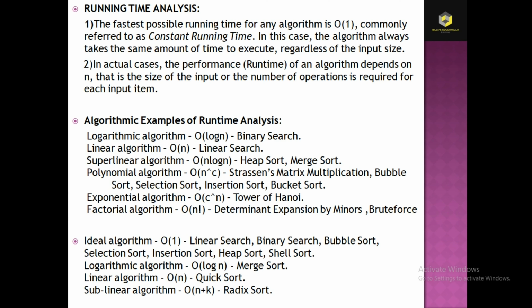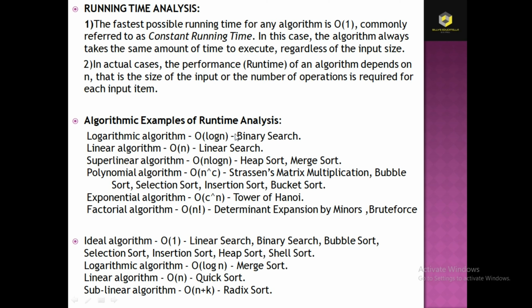For example, a logarithmic algorithm takes order of log n, which is a binary search algorithm, and a linear search requires order of n. A superlinear algorithm requires order of n log n, examples being heap sort and merge sort. And a polynomial algorithm takes n to the power of c, where c is a constant.